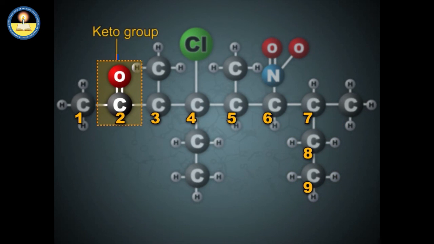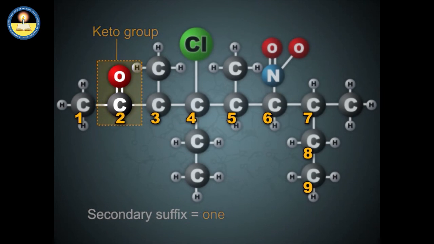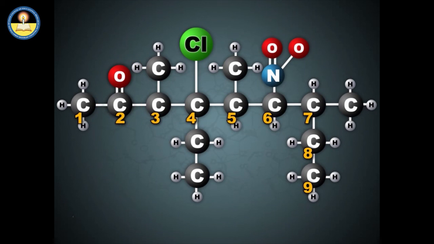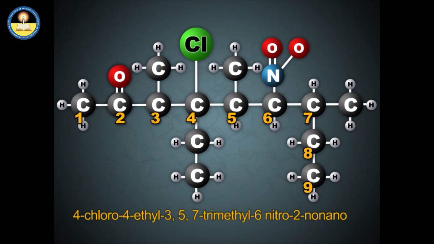As the keto group ranks higher than the other groups, its primary suffix is -ane and the secondary suffix is -one. Its IUPAC name is 4-chloro-4-ethyl-3,5,7-trimethyl-6-nitrononenone.